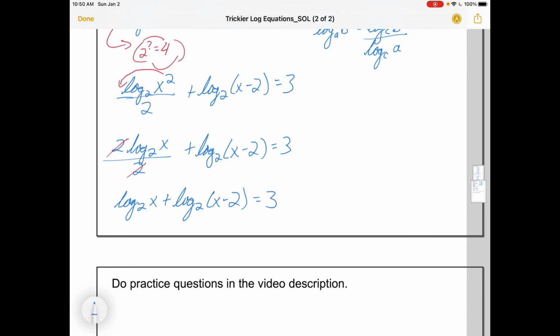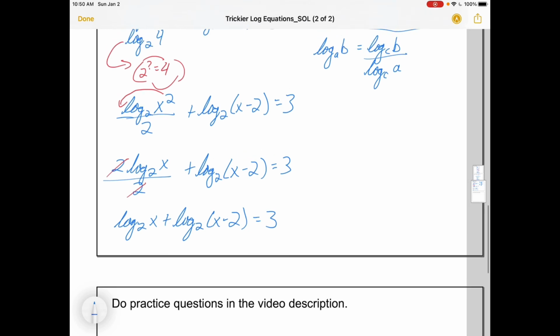And from there, we can use our log laws to combine those first two on the left. So we'd use multiplication because there's addition between logs. So we get log base 2 of x squared minus 2x equals 3. And at this moment, you might be saying, oh my gosh, it's going to turn into the same quadratic as the last one.